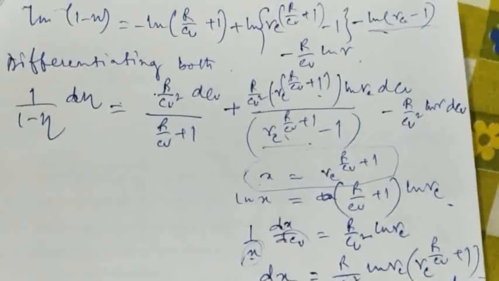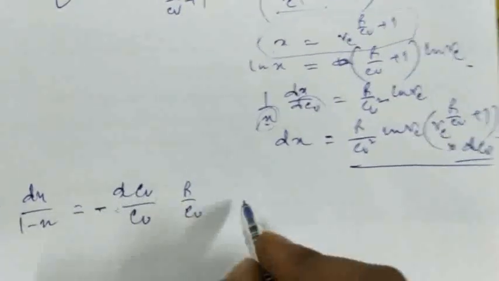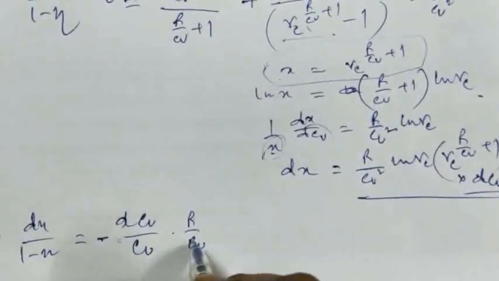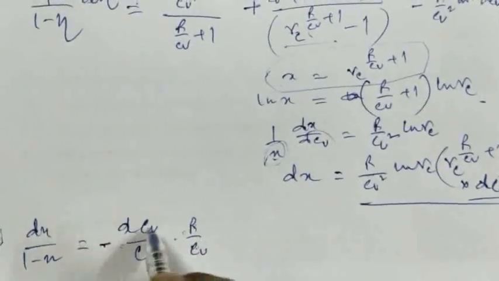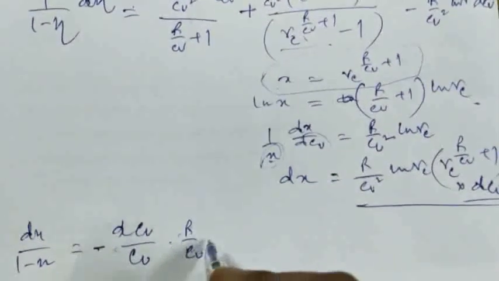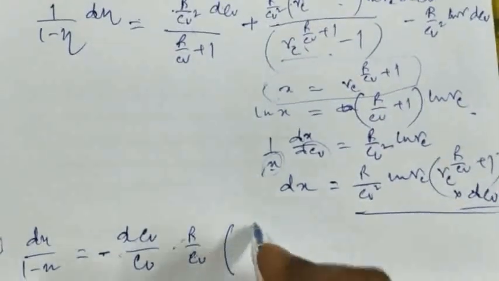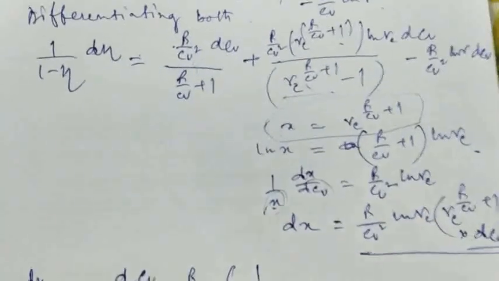dcv by cv is our change of efficiency, r by cv is left separately, so this thing is r dcv by cv square, this upper part has been common out, so it will be equal to 1 by r by cv, whatever below was there will be left.